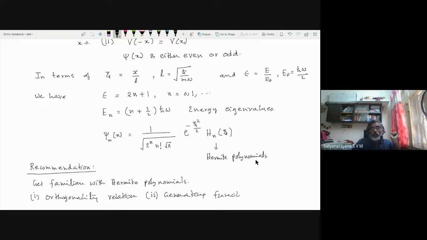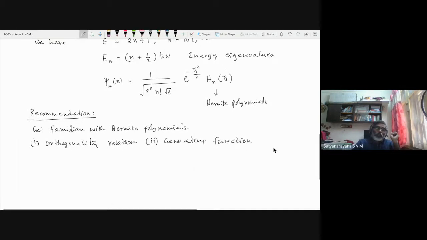We have already used the Rodrigues formula, generating function. Then, of course, using this Rodrigues formula to generate, and of course some recurrence. If you know generating function, getting recurrence relations is not very difficult.